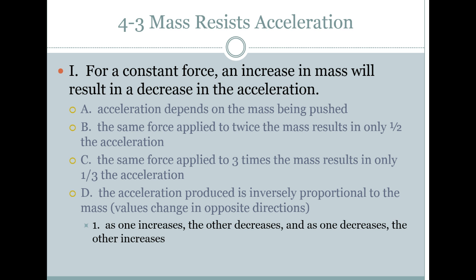This relationship is written as an equation: acceleration is proportional to 1 over mass. Now remember from your vocabulary, inversely means that the two values change in opposite directions. So mathematically, we'll see that as the denominator increases, the whole quantity decreases by the same factor.